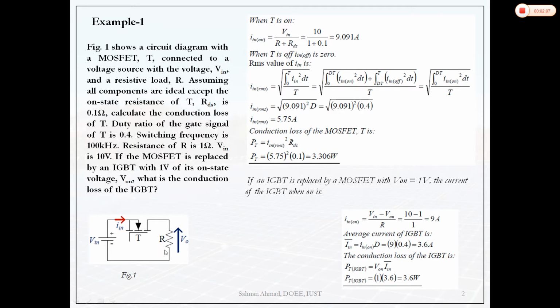Here we have R, and during conduction we have RDS on of this MOSFET. These two are in series, so we add these two and find the current flowing through this MOSFET. The value of the current is 9.091 amps. When T is off, the current is 0.